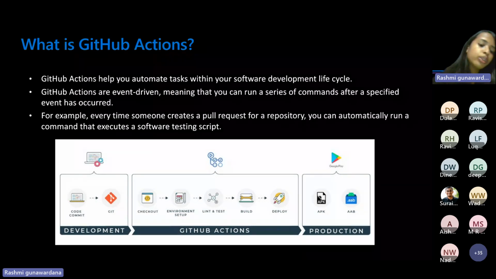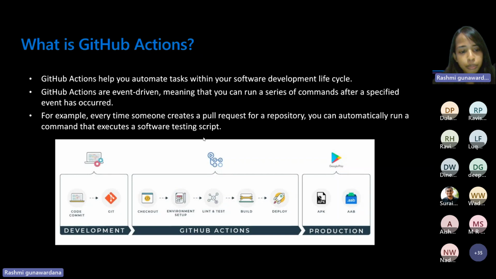As undergraduates, what we are mainly focusing on is this development section here. What we mostly do is write our code in our local environment, and then we commit the code to Git, choose some hosting site, and then host our application.